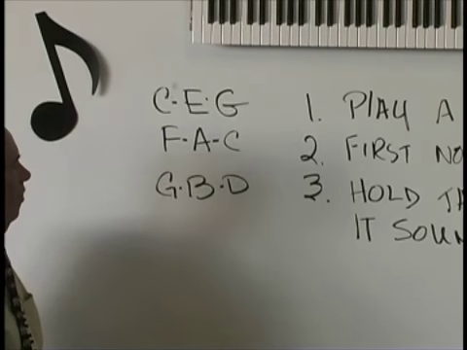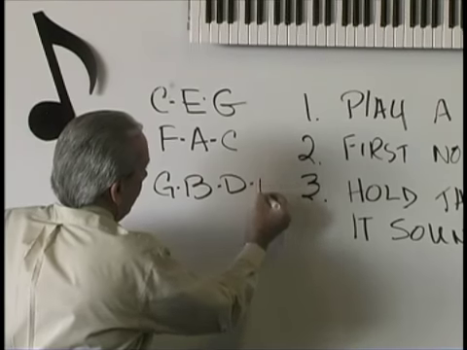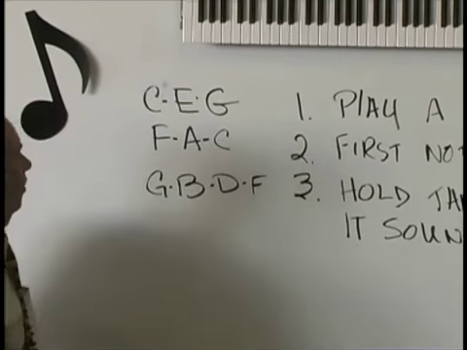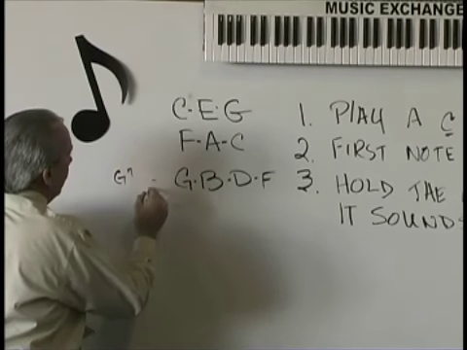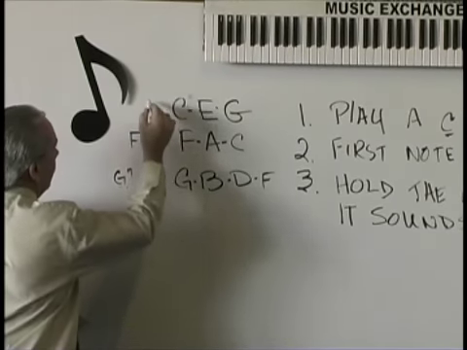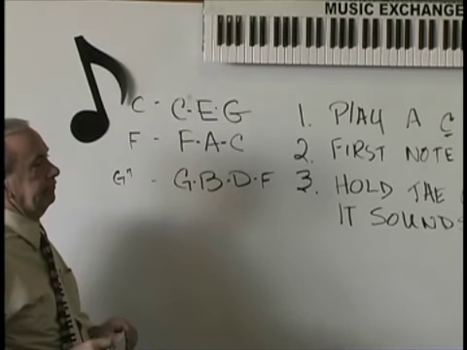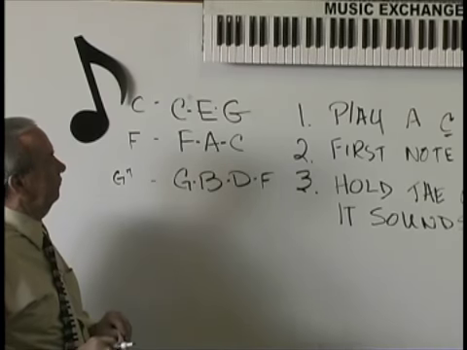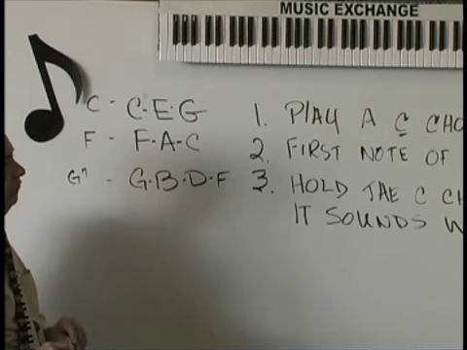That would be a G7, G, B, D, F, because occasionally you're going to be on an F note and you'll need that chord. G note, what chord? C or G. A note, F, A, C. B, G chord. Okay? So every note on the white keyboard part is in one of those chords.